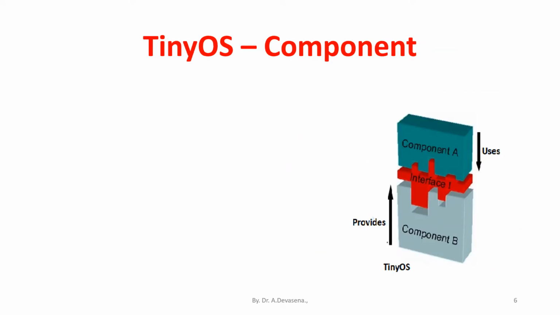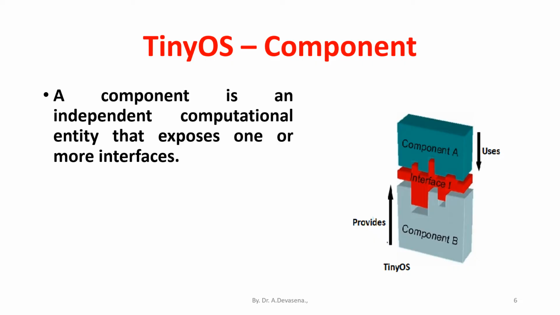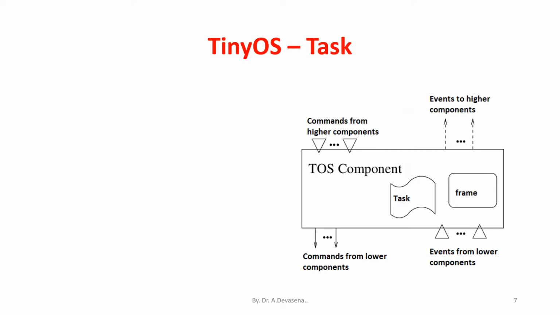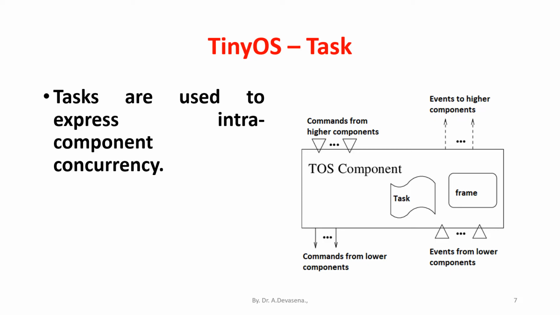A component is an independent computational entity that exposes one or more interfaces. Components have three computational abstractions: commands, events, and tasks. Tasks are used to express intra-component concurrency.